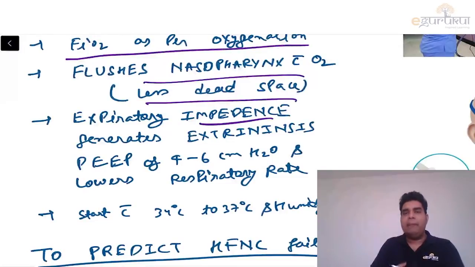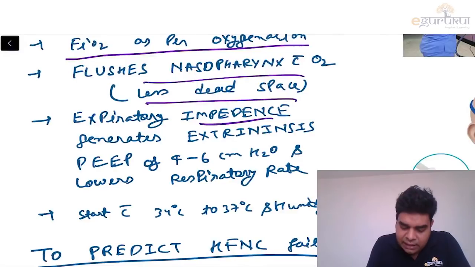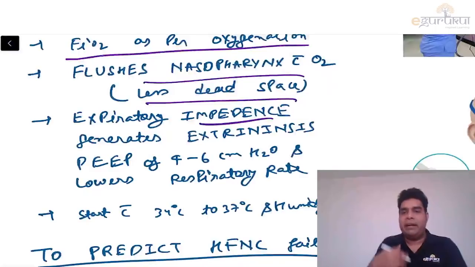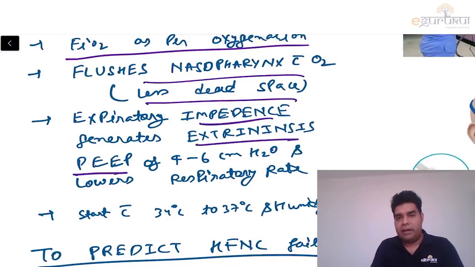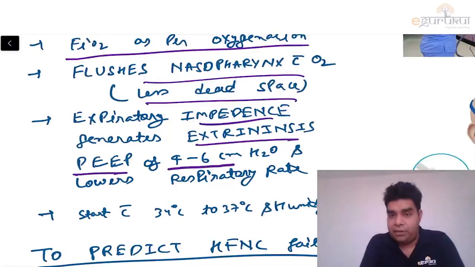It generates positive expiratory flow rate. It generates extrinsic positive end-expiratory pressure of 4 to 6 centimeters of H2O.